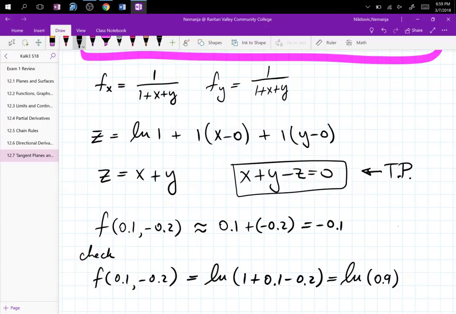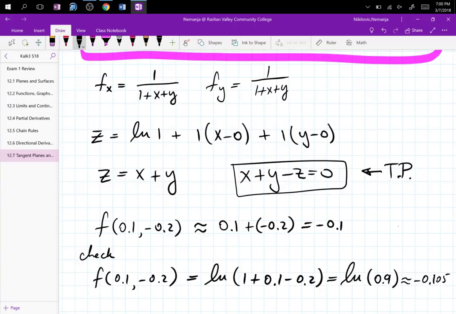Well, ln 0.9 is going to be approximated as negative 0.1. We got negative 0.1, and the exact calculation, well, the exact decimals go forever, is negative 0.105. So you see that it's extremely precise, it's really good.